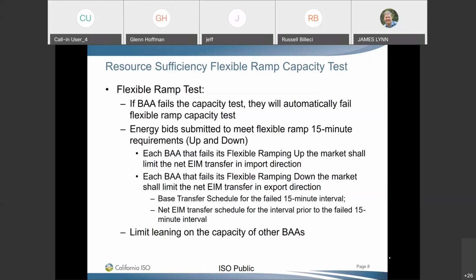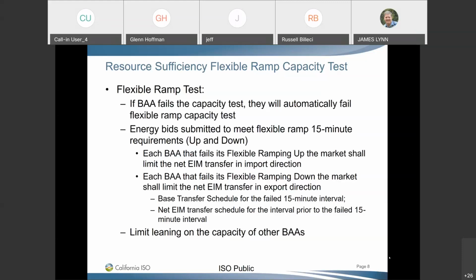However, when we do the limit now, we are going to look at your base scheduled transfer for the failed interval, as well as the net EIM schedule for the interval prior. Whichever of these two is the more limiting factor, that's what will limit that direction.